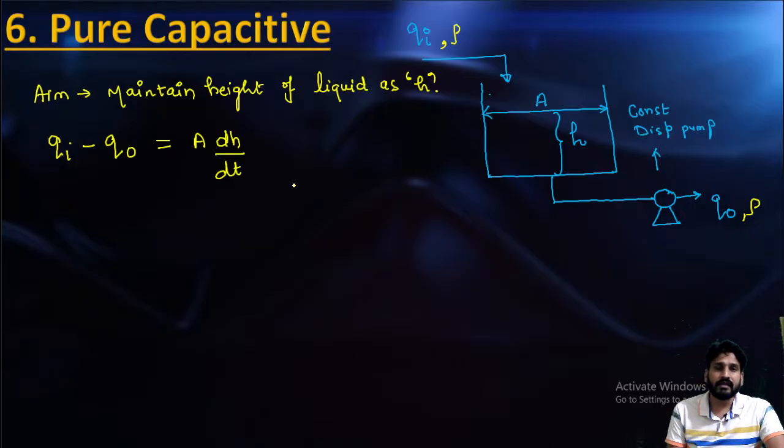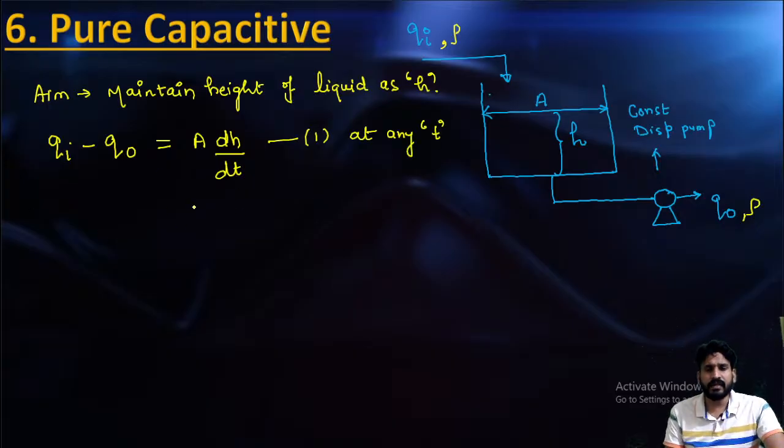I write this equation directly because multiple times I write the equation from the basics. So this is the equation at any time t. But still, if you have any problem, guys, with how I write this, then you can ask.